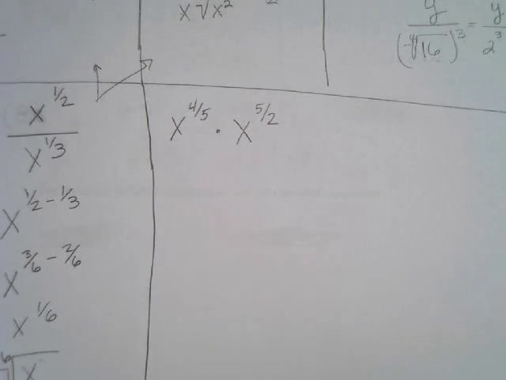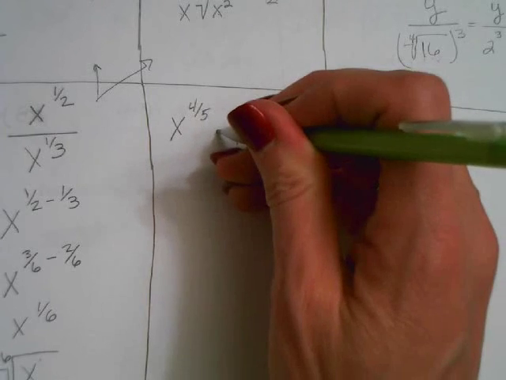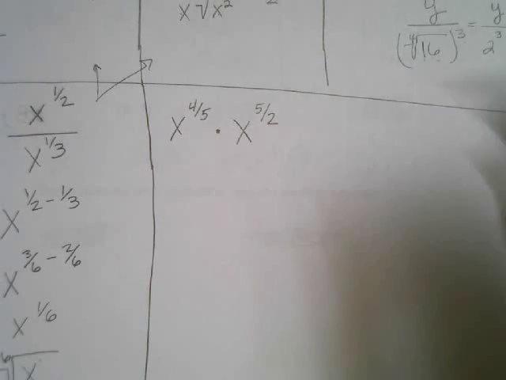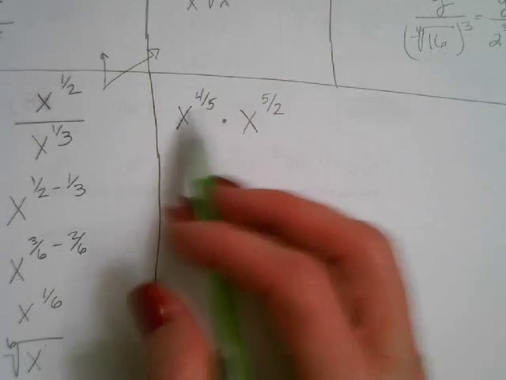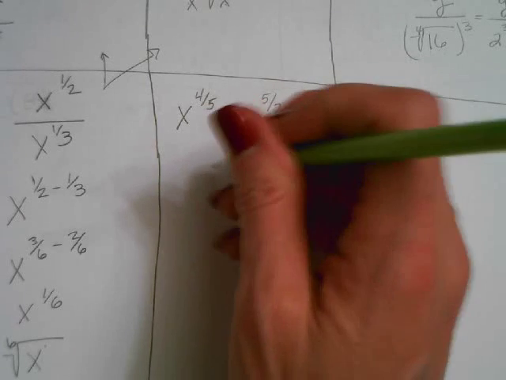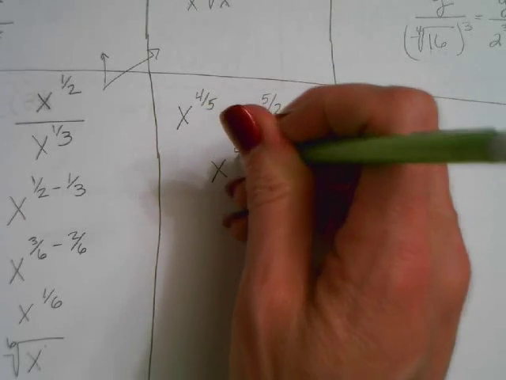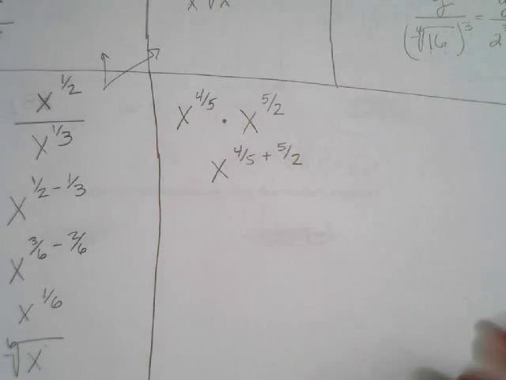Looking at the next problem, we have x to the 4/5 times x to the 5/2. Again, if you haven't tried this one yet, pause and then come back and check your answer. At this point I am multiplying, and the rule for multiplication is adding exponents. So I'll have 4/5 plus 5/2.